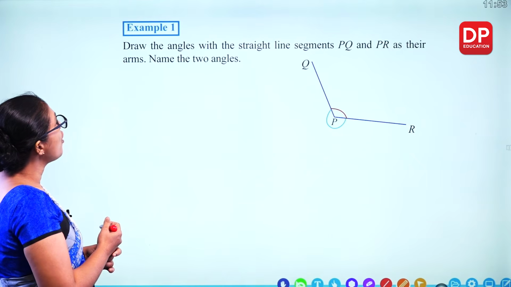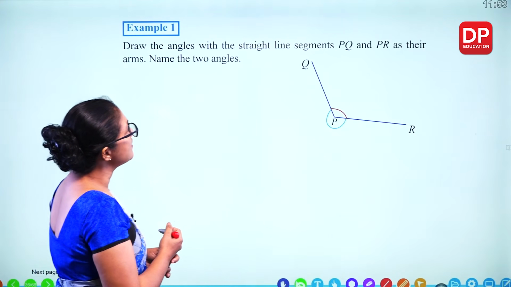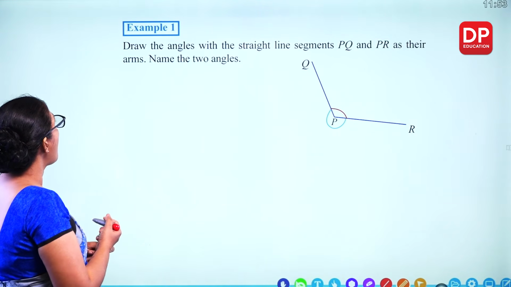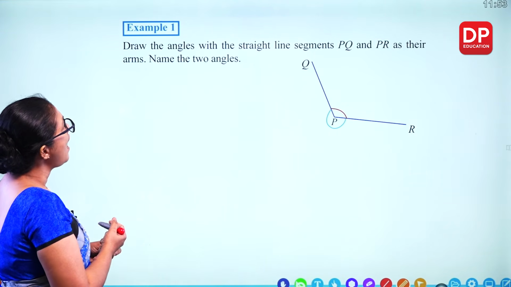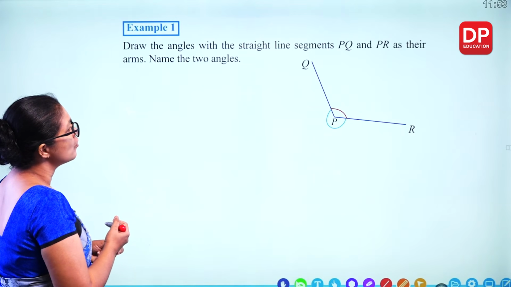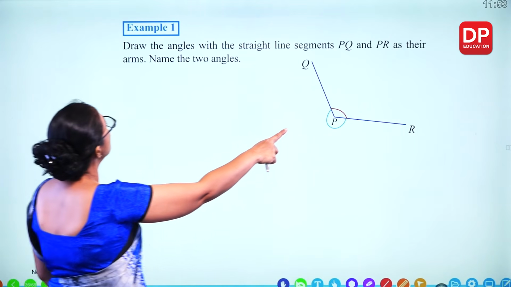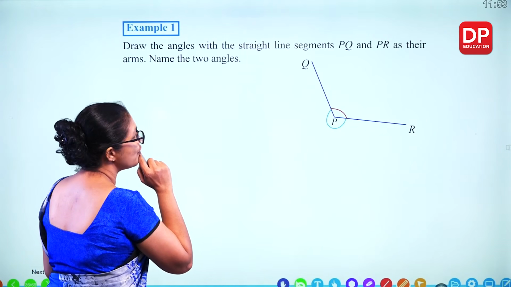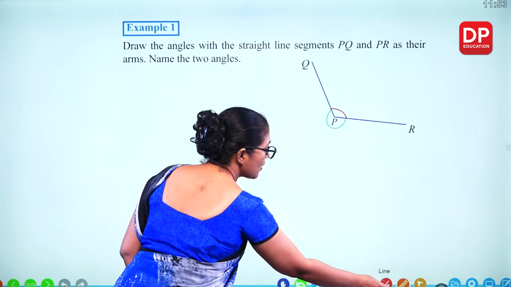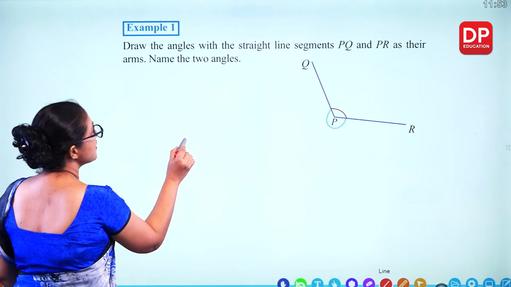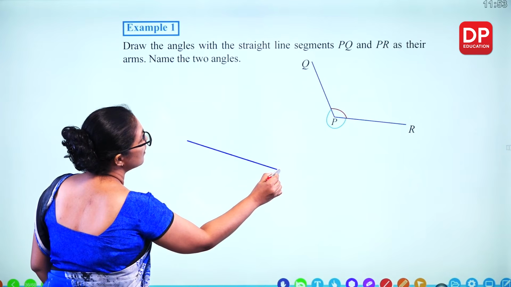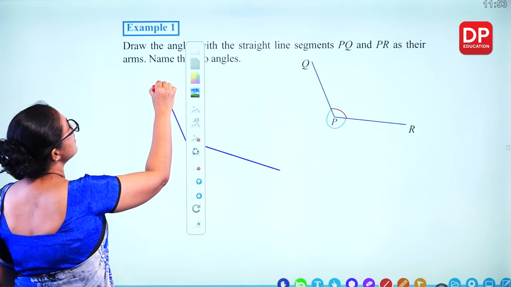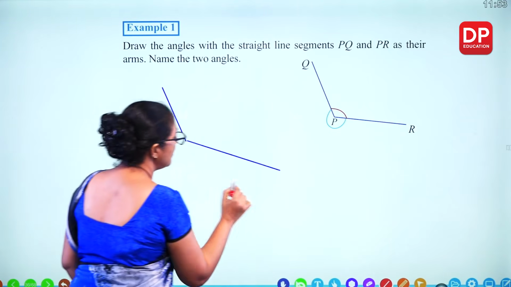Example number 1: draw the angles with the straight line segments PQ and PR as their arms. Name the two angles. You can draw a line first and then the other line here.